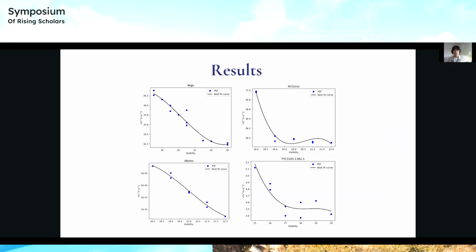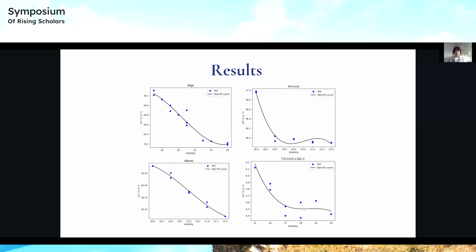So here are my results at a glance. Just to start analyzing this data, the graph shows the full width half maximum as the y-axis and the visibility in miles as the x-axis. So Vega and Arcturus both have a decrease in the full width half maximum as the visibility conditions continue to improve, which confirms the other research studies that I analyzed that said that improving visibility will lower the full width half maximum or the PSF.